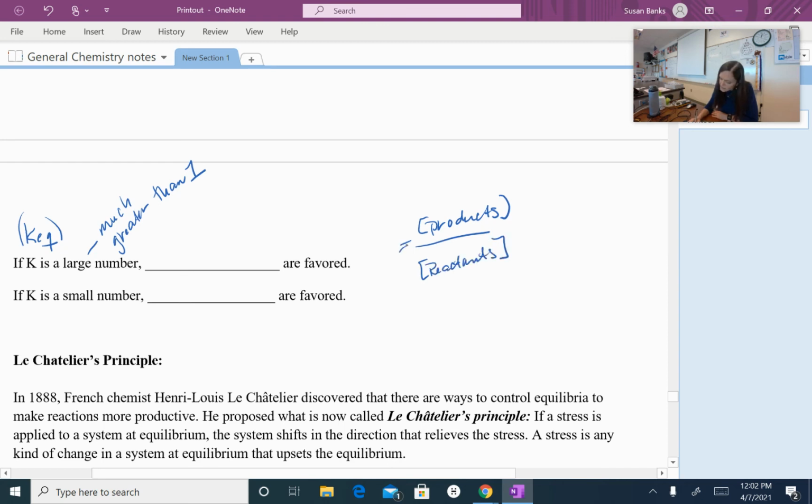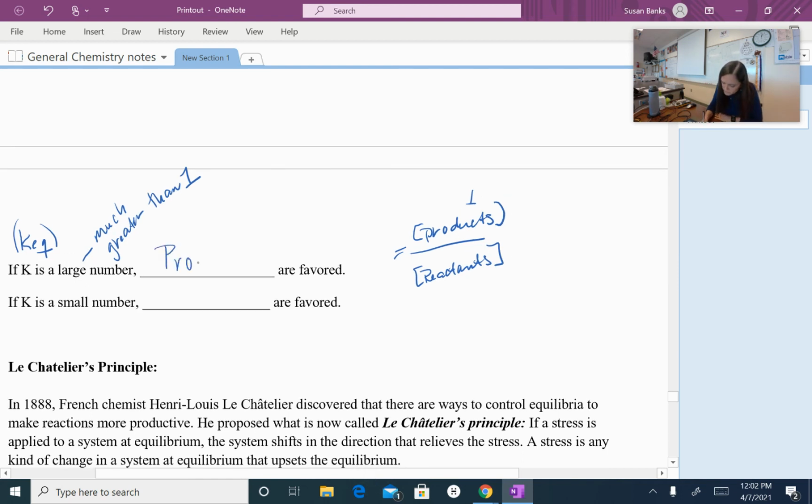So if this number is greater than 1, that means I have a lot more products than I have reactants. So that means that products are favored. Okay, I will make a lot more products than I have reactants.